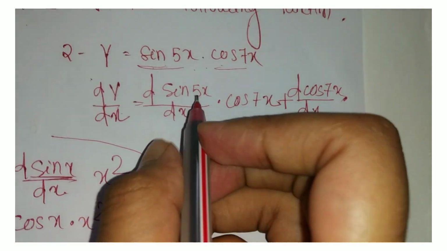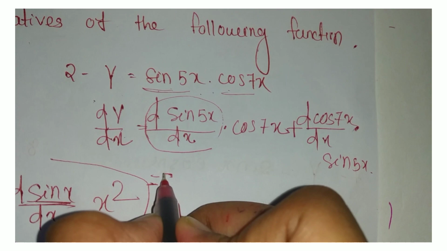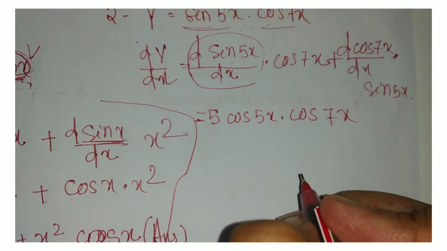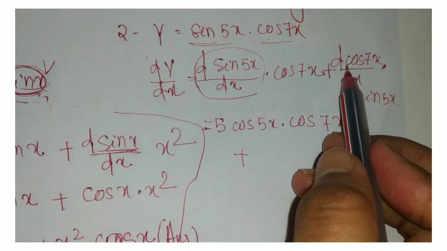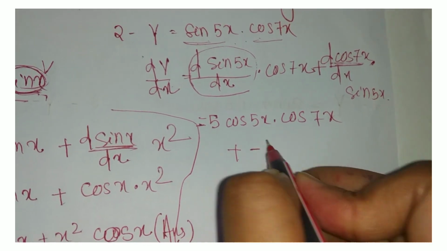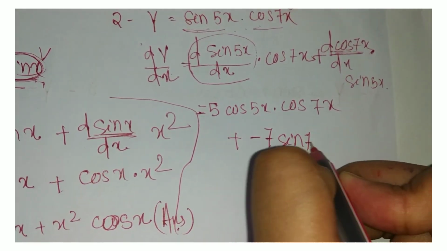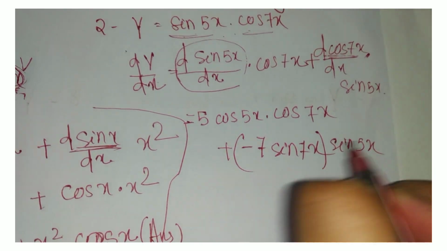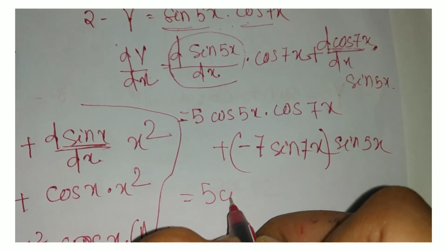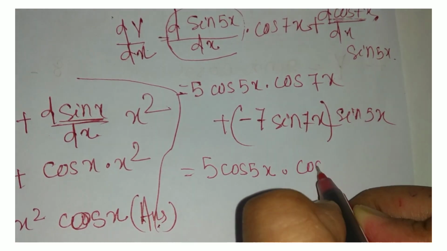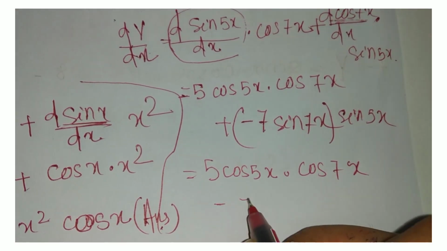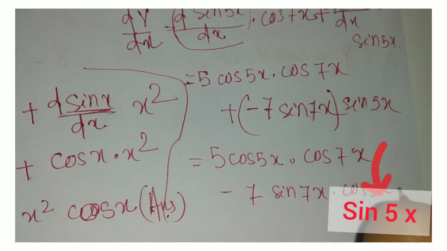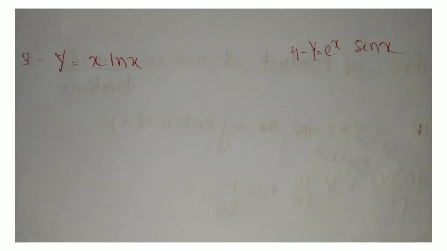The derivative of sin 5x is 5 cos 5x into cos 7x, plus the derivative of cos 7x, that is minus 7 sin 7x, into sin 5x. It is equal to 5 cos 5x cos 7x minus 7 sin 7x sin 5x. That is the answer.